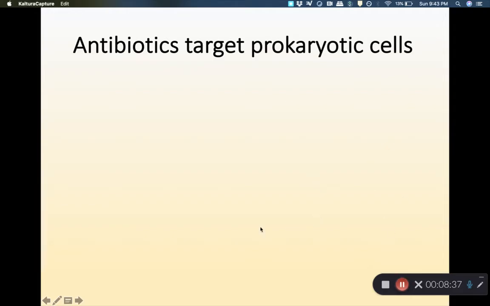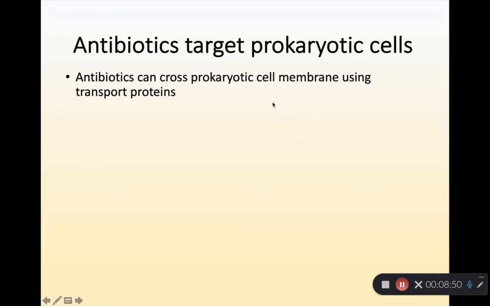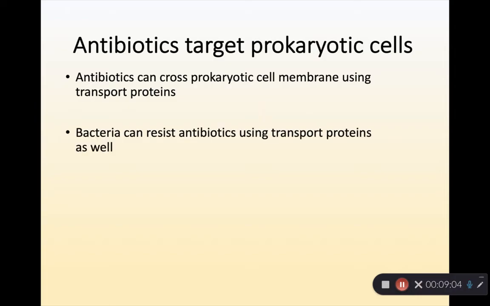So how do these proton pumps relate to our questions of antibiotics and how they target prokaryotic cells? Well, antibiotics can actually cross those prokaryotic cell membranes using those transport proteins. So they're able to gain access to the cell because they're able to fit through those transports.